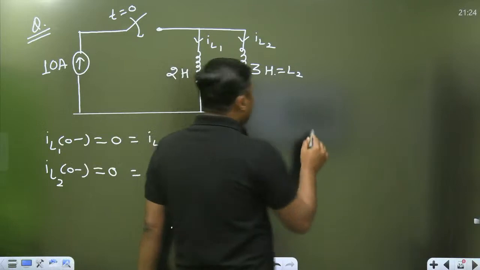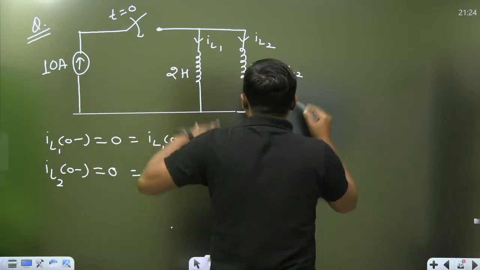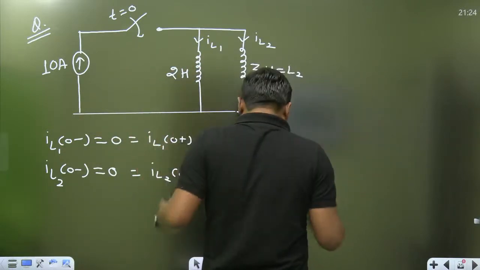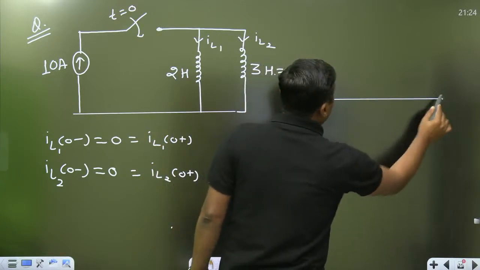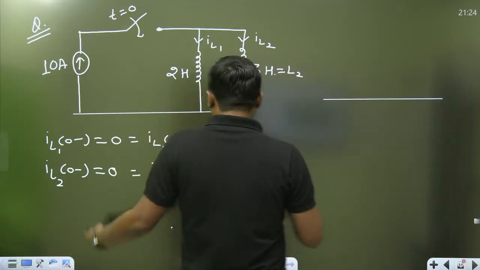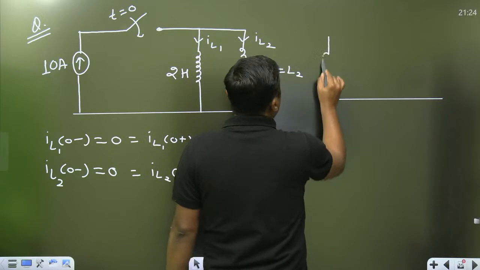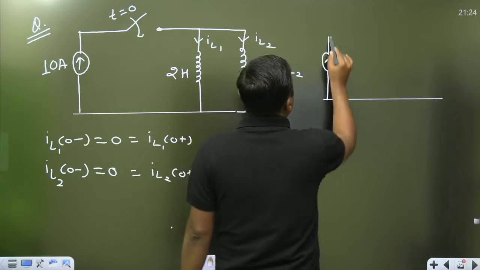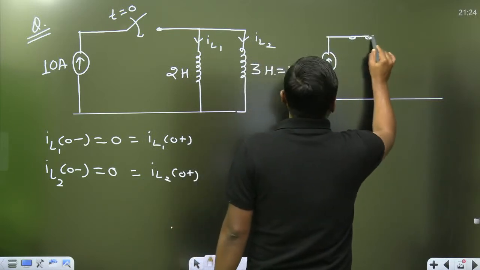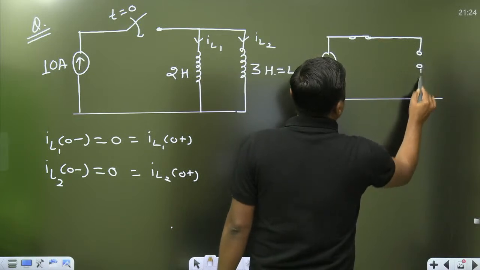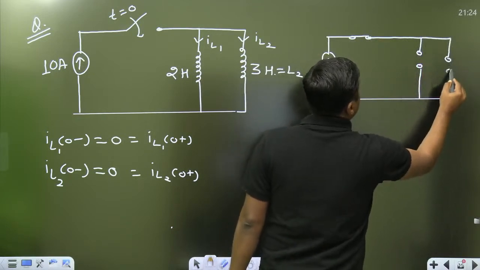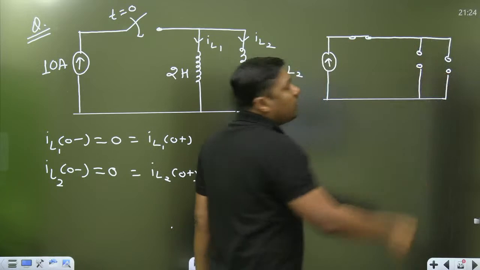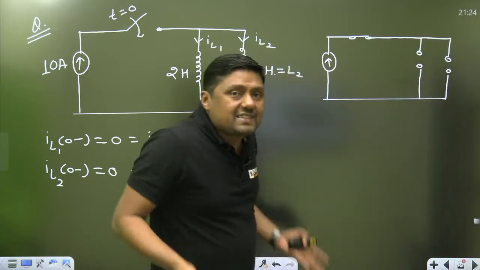So according to the general concept, inductor does not allow sudden change of current. If inductor does not allow sudden change of current, then what will happen? This will act as open circuit. So what are IL1 and IL2? 0. So what is the KCL?